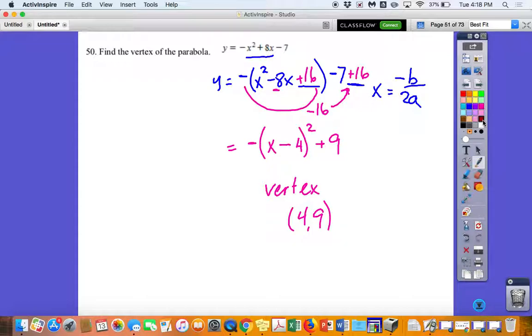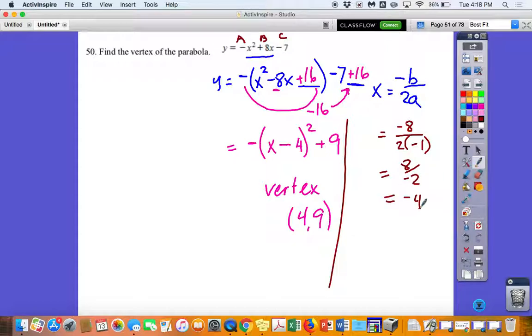If you did it the other way, which I guess I'll do it. Remember, this is A, B, C. So that means negative B is going to be negative A, negative 8, excuse me, 2 times negative 1. So don't blow off that negative in the front. So that's 8 over negative 2 is negative 4. So did I miss something? What did I do? Oh, yeah, crazy me. 2 signs cancel. Yeah, they're supposed to be the same.